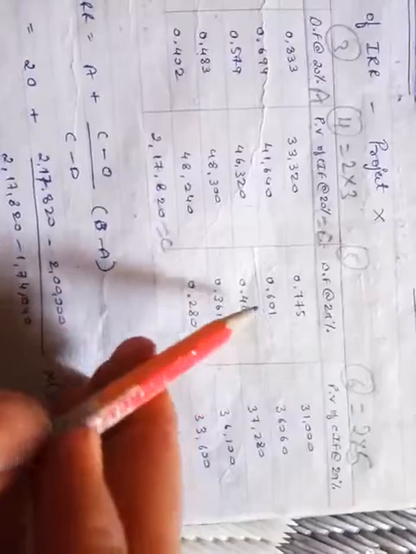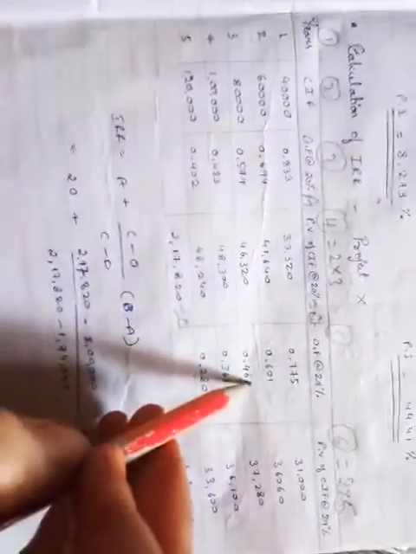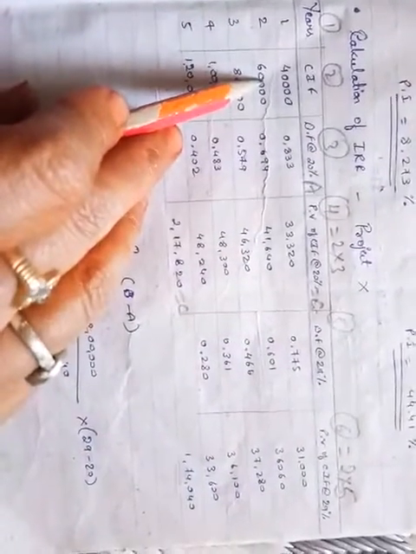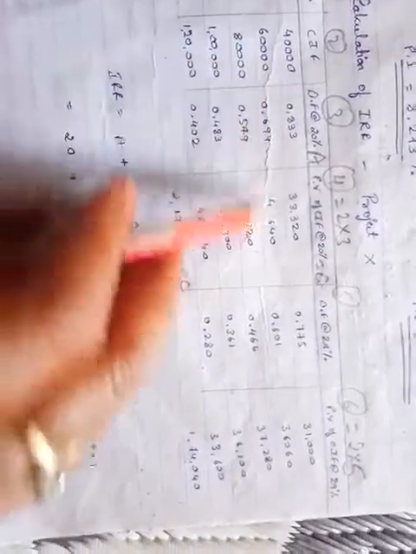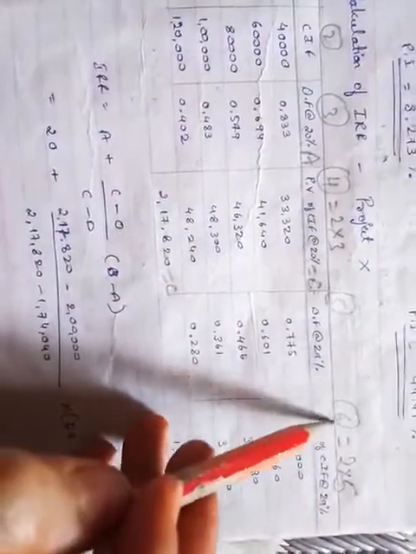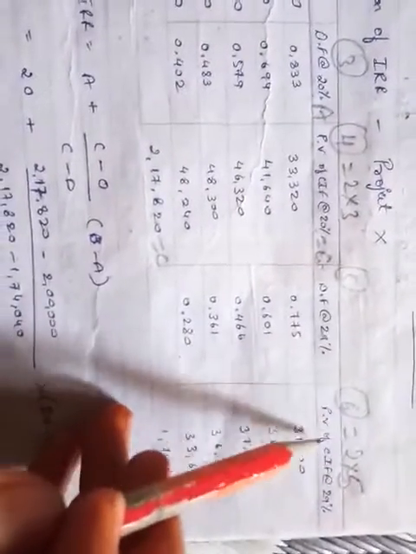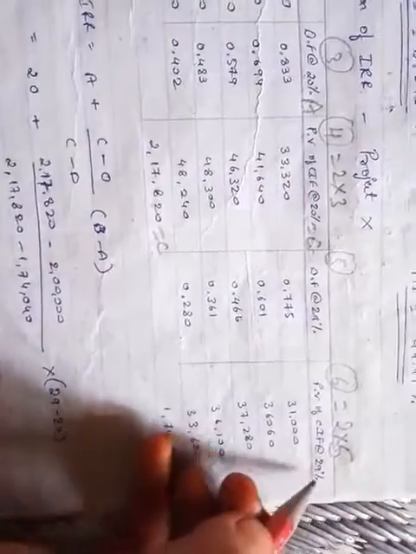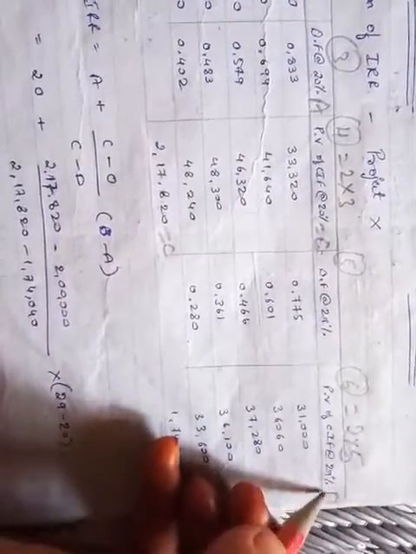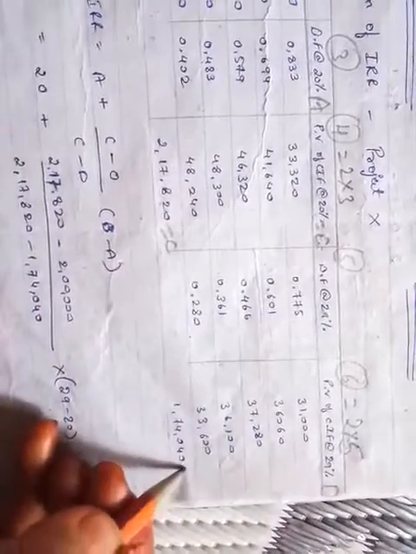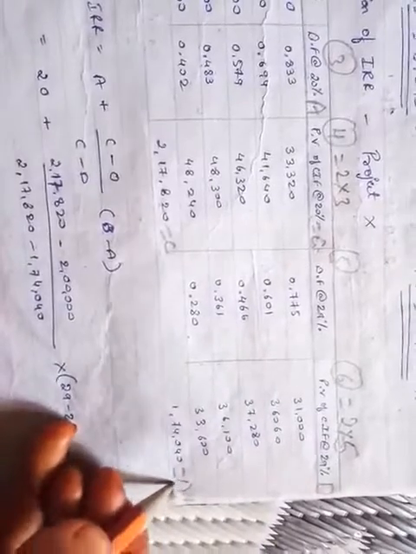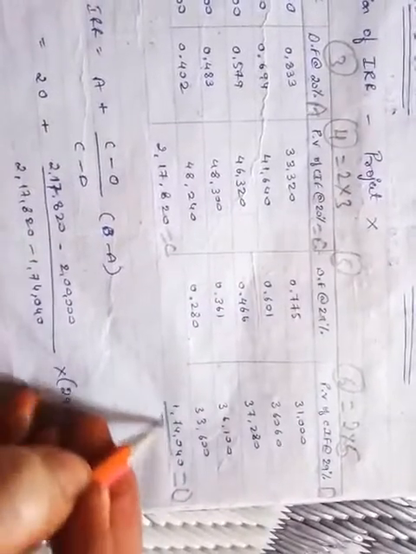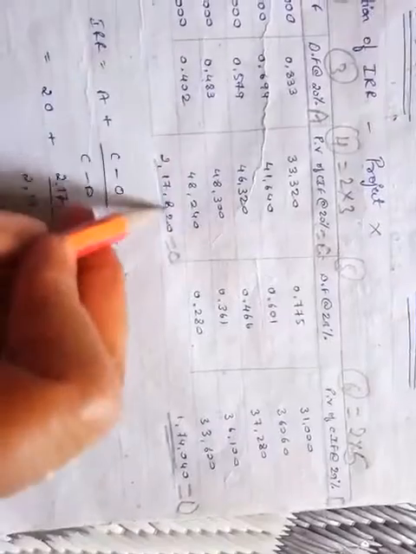So in the same way I need to multiply these discount factors with the cash inflow mentioned in the second column. If I multiply the second column with the fifth column, I get the sixth one, that is the present value of cash inflow at the higher trial rate. This is D. The total of this column is considered as D, and this total is considered as C.